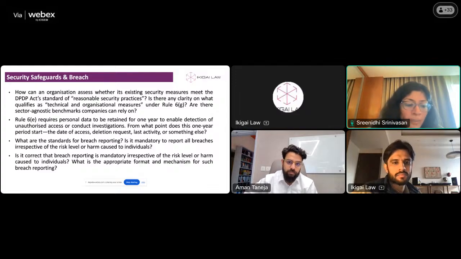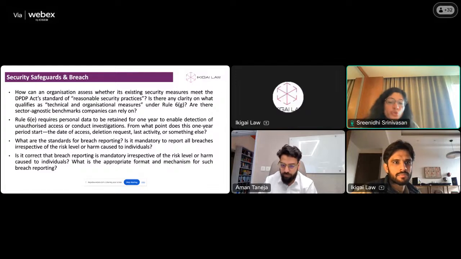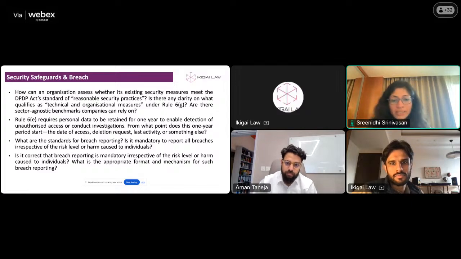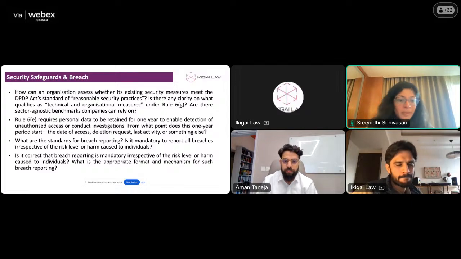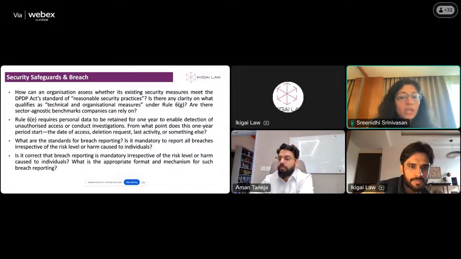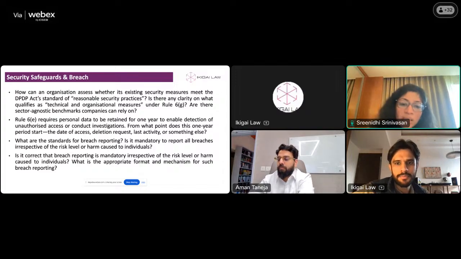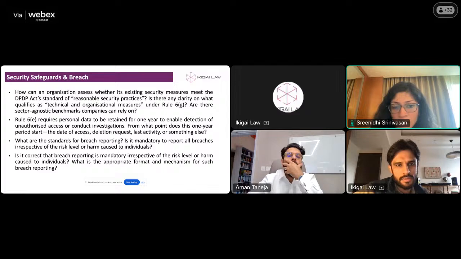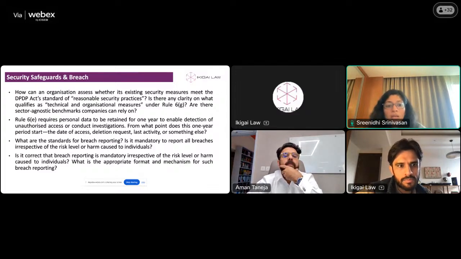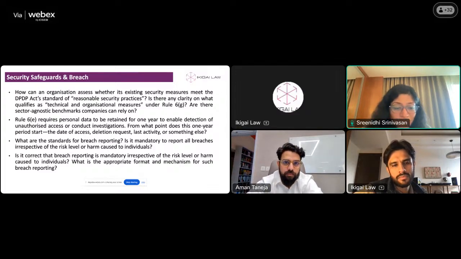I think you could play around with the different ways in which you could report, but the rules do say that the user account that the individual has created with you is the mechanism through which you report to them. So if they've registered using an email ID, then you report using that. If it's some other mechanism, you report using that. But I think it is mandatory now to report all breaches.